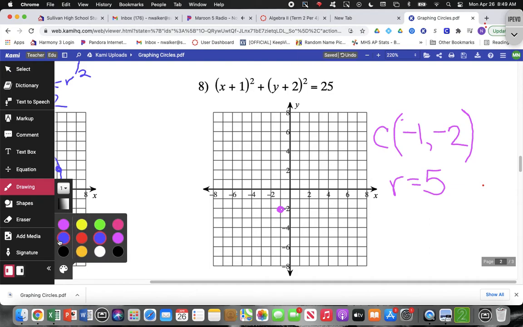And my radius from there is 5. So each direction from the center, count out 5. So 1, 2, 3, 4, 5. I'm going to make a point right here. So I went to the left 5. Went to the right 5. And I'm going to go up 5, up from the center. And then from the center here, go down 5.